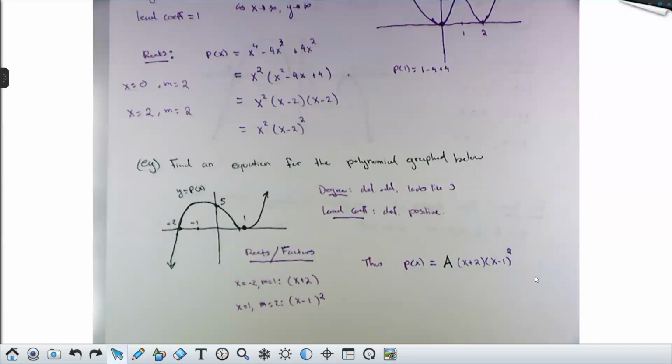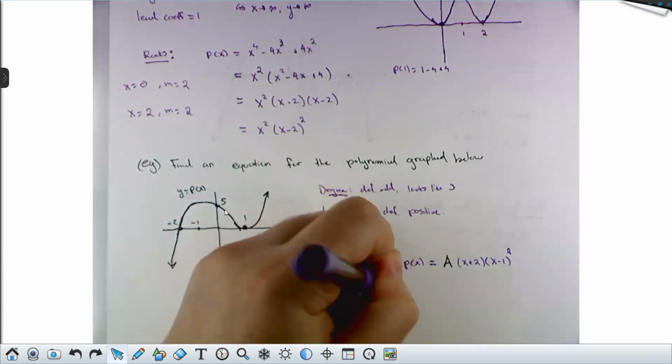That we know it's a positive. It's true, I really haven't used the fact that the lead coefficient is positive. That is true, you got me there. But look, more specific information here, like quantitative information, numbers. Oh, the point at the 5. Yeah. 0, 5 is on this graph.